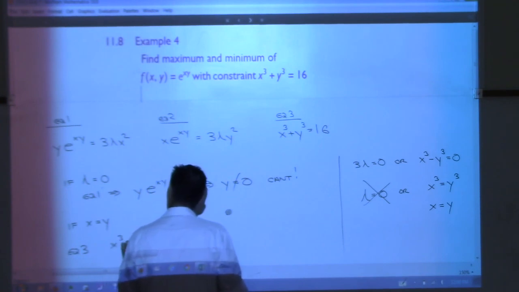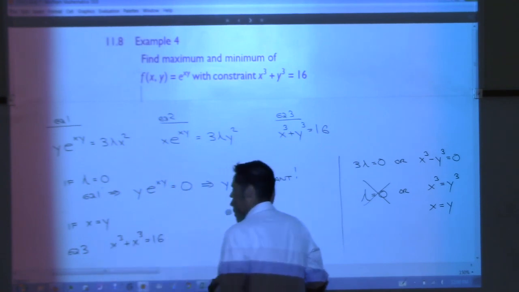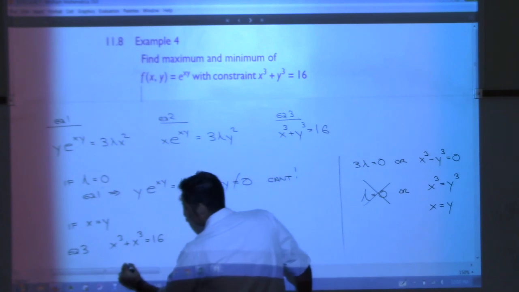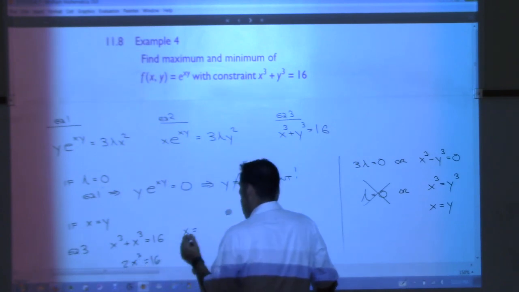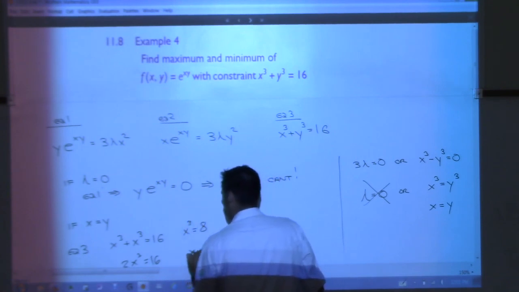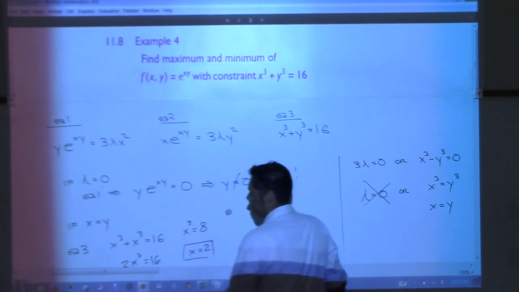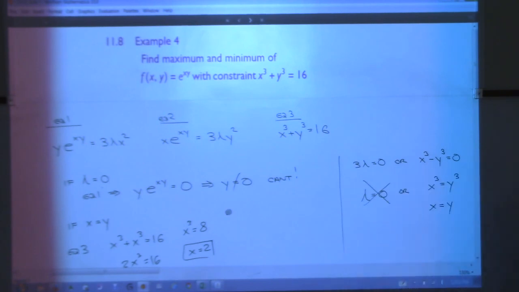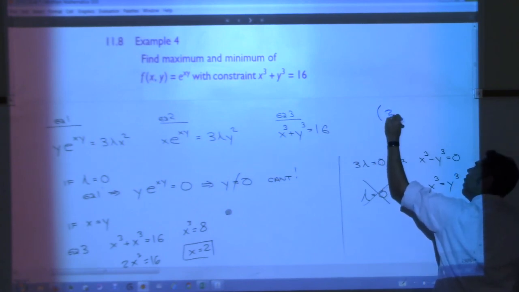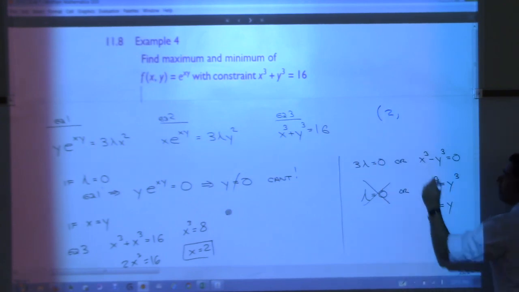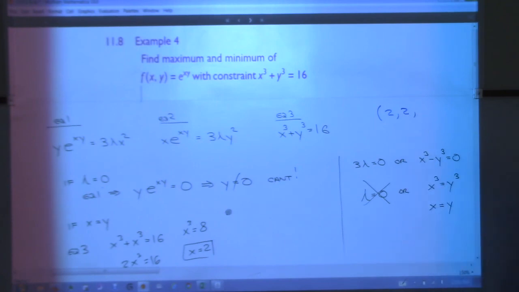X cubed plus x cubed equals 16. 2x cubed is 16. X cubed is 8. X is 2. If x is 2, what's y? 2. Okay, here we go. I'm getting some answers now. If x is 2, x has to be y, so y is 2. And can we get lambda in this case?